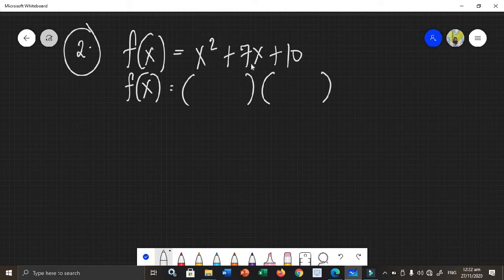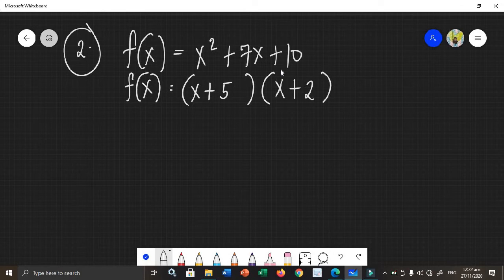So ang factor po nitong trinomial na ito is quantity x plus 5 and quantity x plus 2. If you want to check, you can check this using the FOIL method. And if it came up with this trinomial, then therefore your answer is correct.